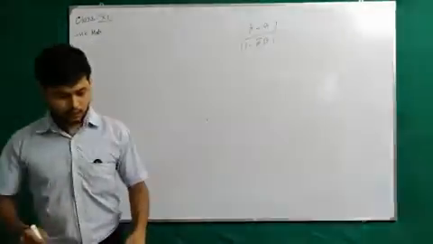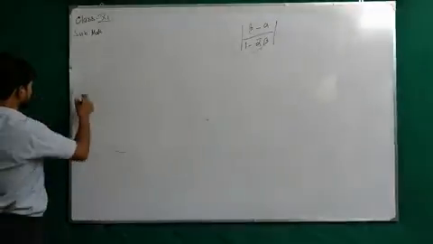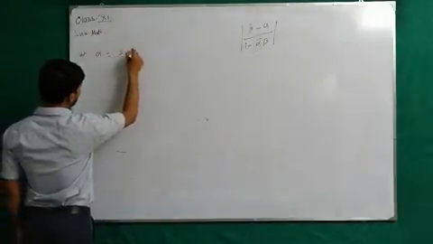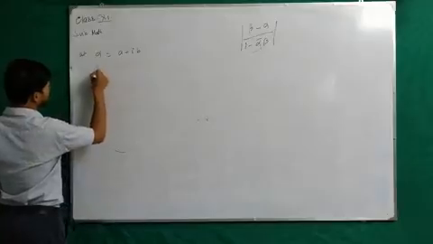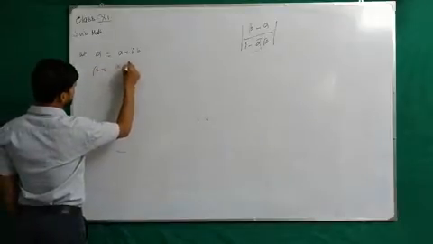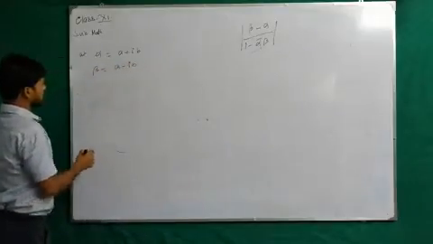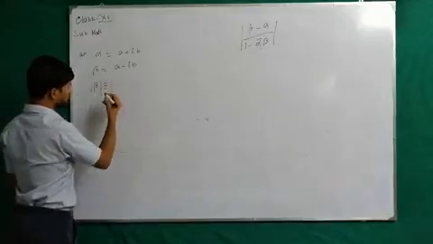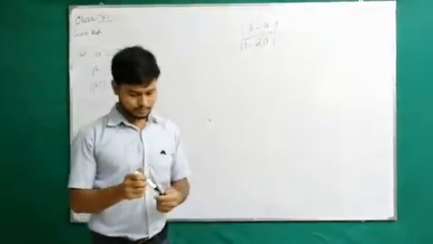Okay, so alpha and beta are two different complex numbers. So let us consider alpha equal to a plus ib, and it is given that modulus of beta is equal to 1.